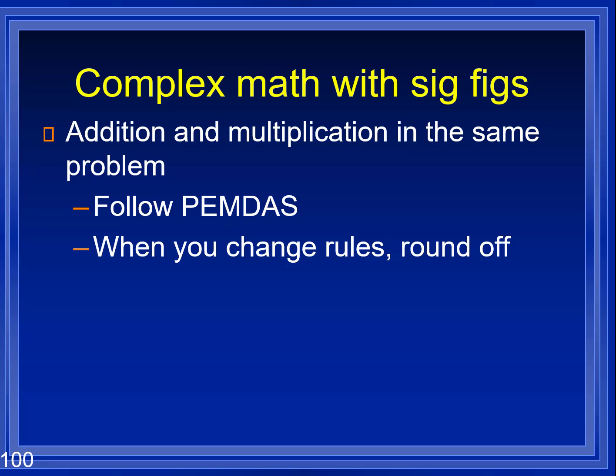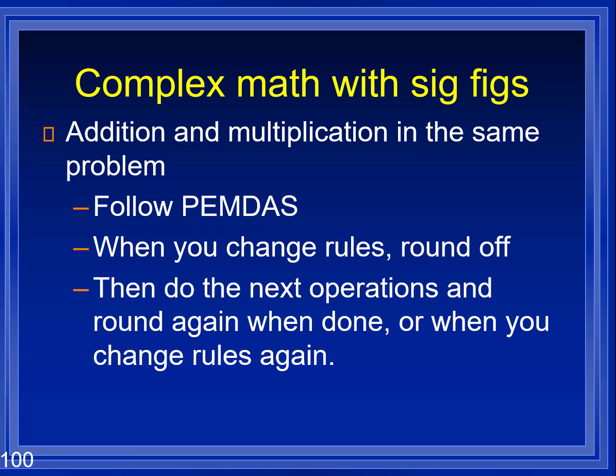You want to round as few times as possible, but every time you change rules, you need to stop and round. Does that make sense? And once you've rounded, you move on to the next operation. And when you change rules again, you stop and round again. And when you stop changing rules, you're at the end of the problem. So you got one last rounding to do.